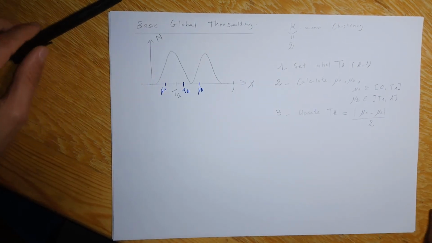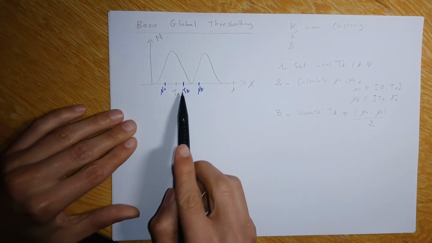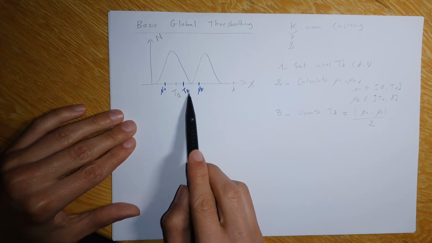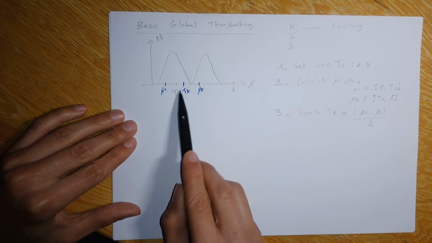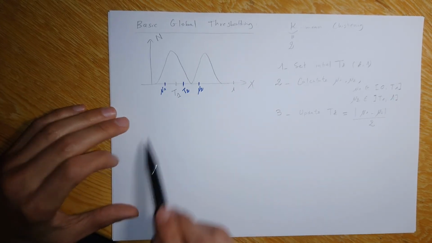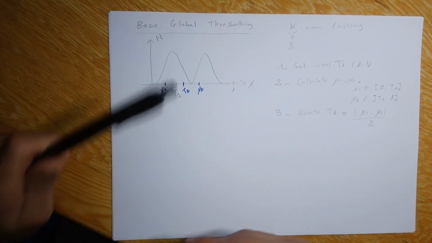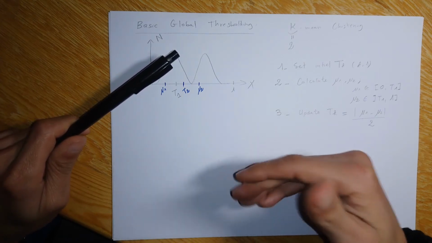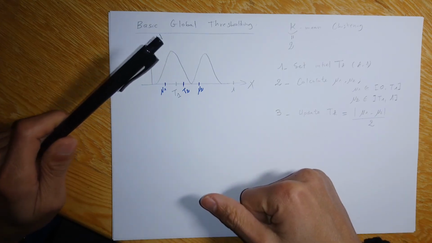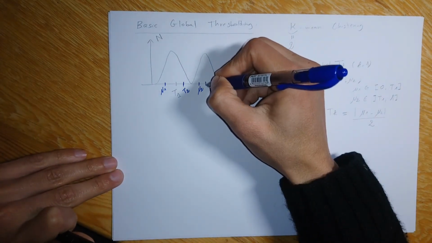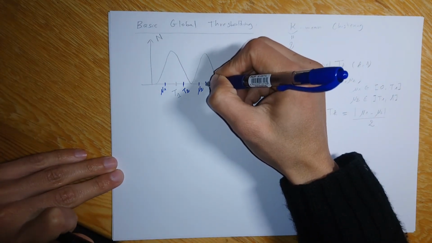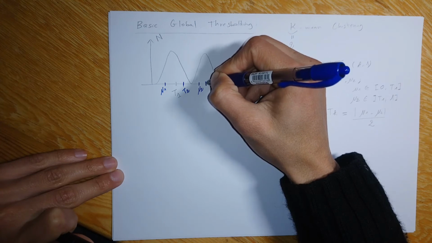Okay, and if you notice here, this second threshold is closer to the valley than this first threshold, and if we keep iterating over and over, what we are going to get at the end is means that converge to this position.